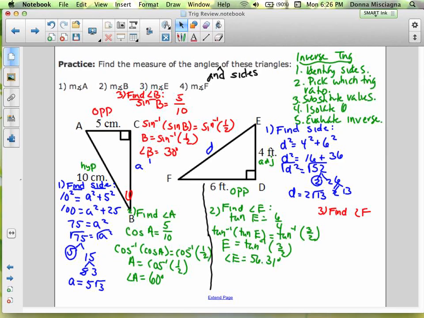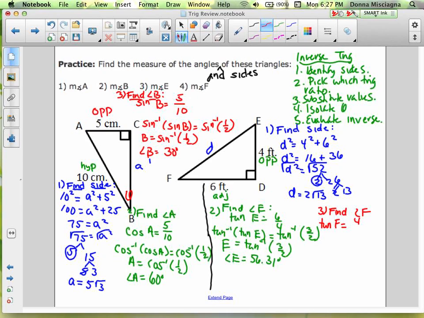The only thing that's changed is now, from F's perspective, opposite and adjacent have switched. So now 4 is the opposite and 6 is the adjacent. So opposite and adjacent is still tangent. So tangent F equals the opposite side, which is 4, over the adjacent side, which is 6.